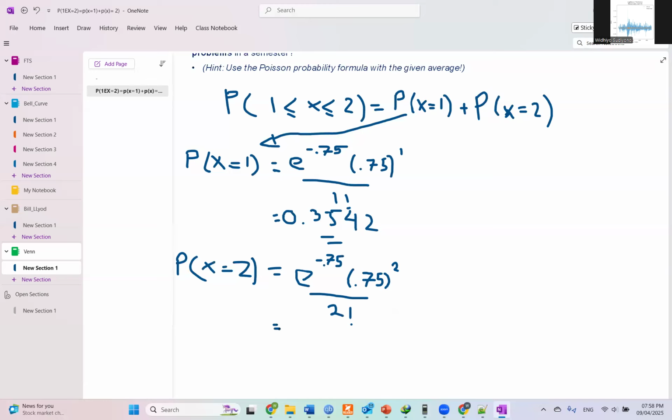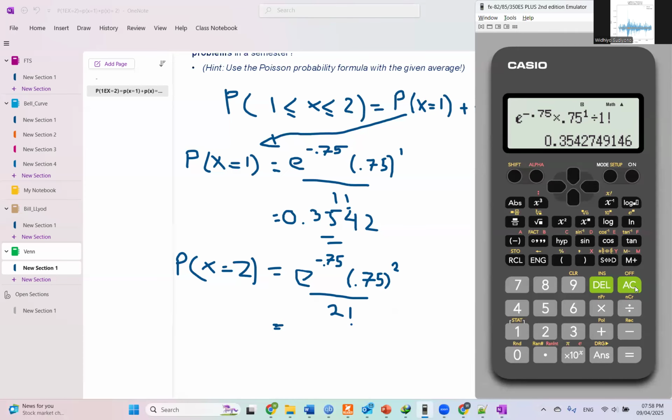So we will be using the calculator for this. I'll delete. Again, shift, here ln, because it is e to the power, and then minus 0.75. Again, don't forget to press the right button like this. Then you multiply it with 0.75 to the power of 2.